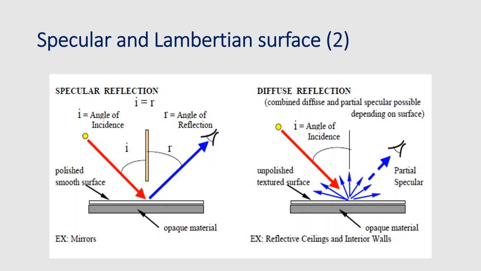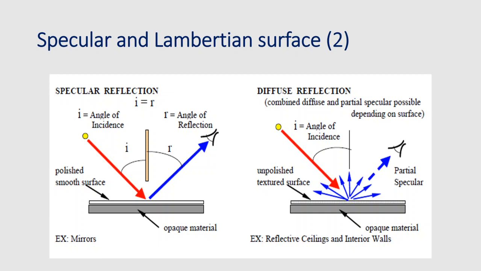Here we need to take into consideration two extra conditions. The first condition: we are talking about reflection, because here we are particularly involved in reflection. But you see the extra condition that for both surfaces we have opaque materials.